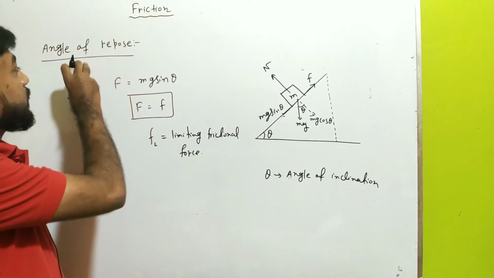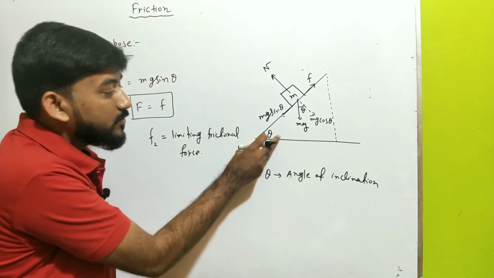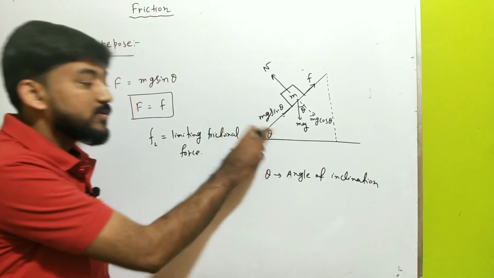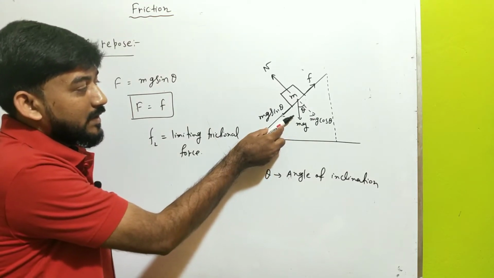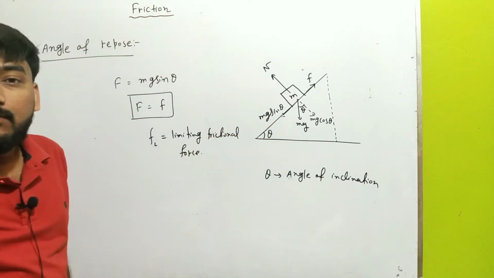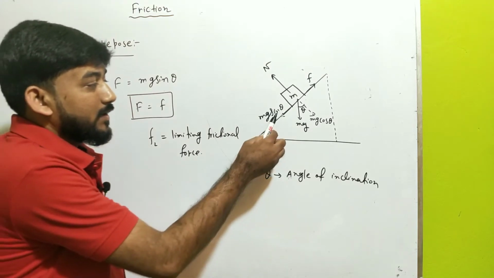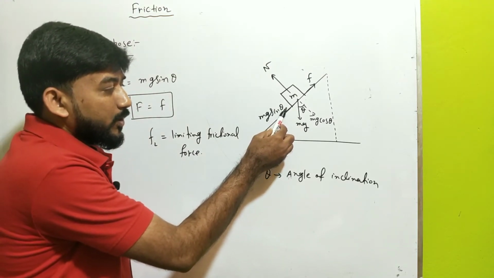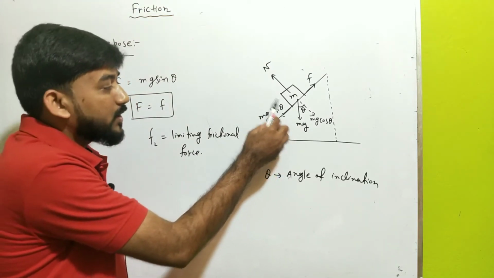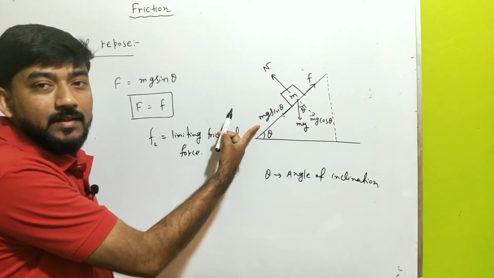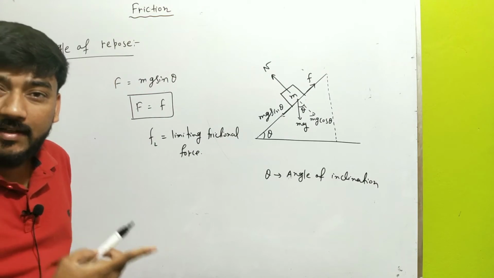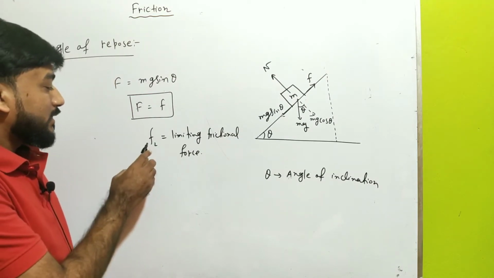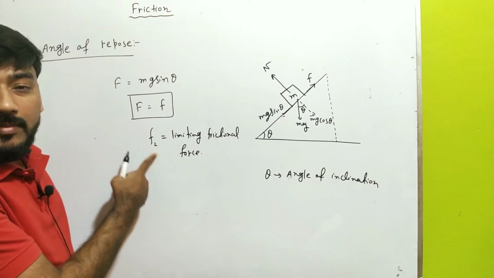So the angle of repose is a special condition of this theta. If we increase theta, our applied force mg sin theta will increase, and up to a particular value, mg sin theta is balanced by the frictional force F up to a certain limit, and that limiting force is called the limiting frictional force.